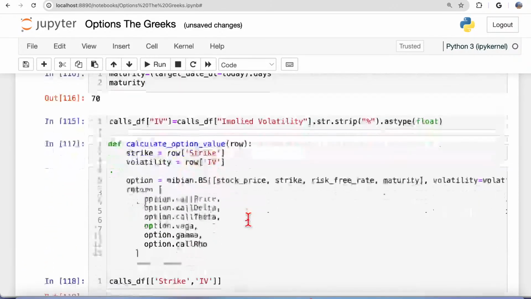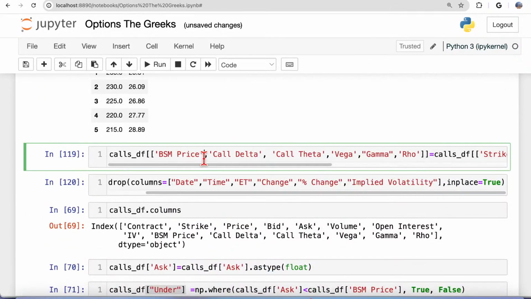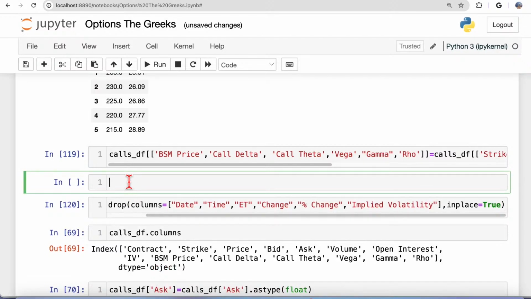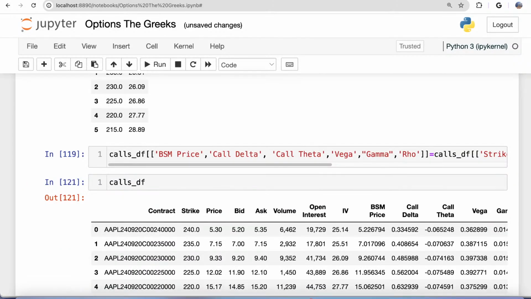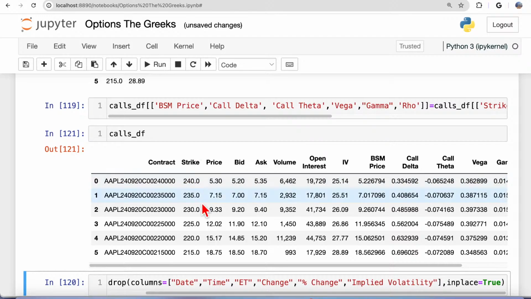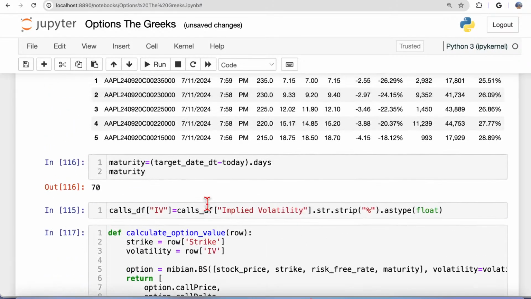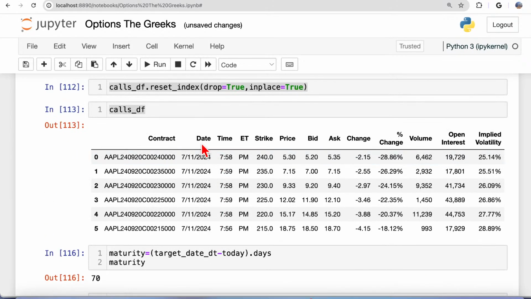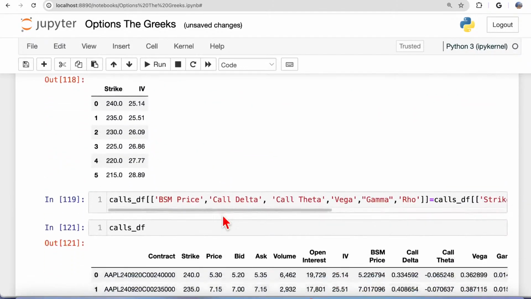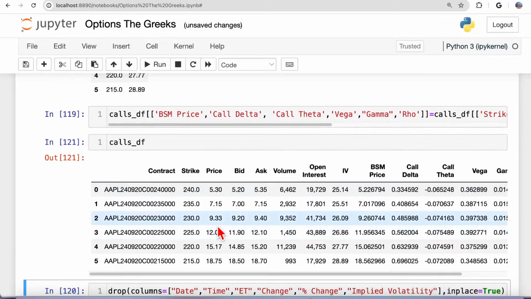If you take a look here, the calls data frame now doesn't have stuff that we had before. You see here we had date, time, Eastern time. I don't need that stuff, frankly, I don't care. I know that it's recent, it's got to be recent, so I decided to clean this data a little bit. So I dropped those columns.